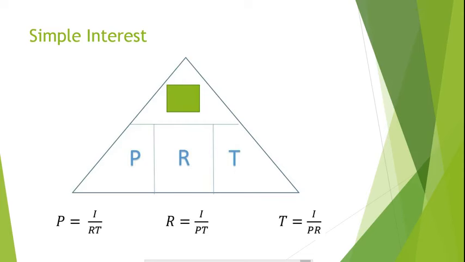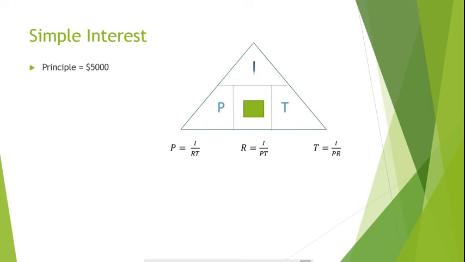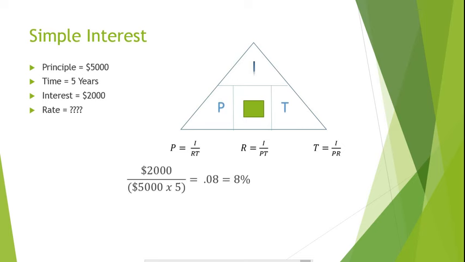Let's try another example. Alan took out $5,000 for 5 years and paid a total of $2,000 in interest. This loan charged simple interest. What was the interest rate of the loan? Let's plug in our values into the formula to solve for this rate.